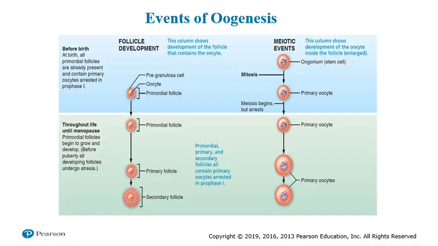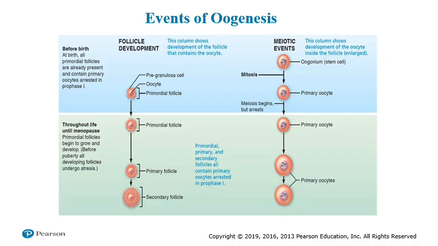So let's take a look, before we get into the actual meiosis event itself, at what's going on with the egg itself. Being that you have your primordial follicle bearing the oocyte, what's actually inside the primordial follicle is the primary oocyte already.